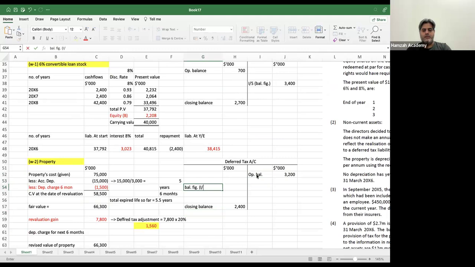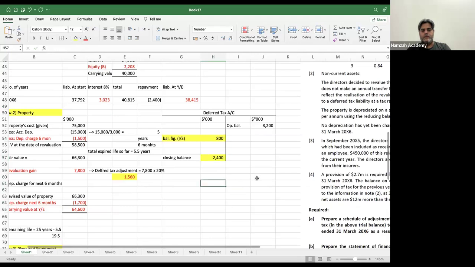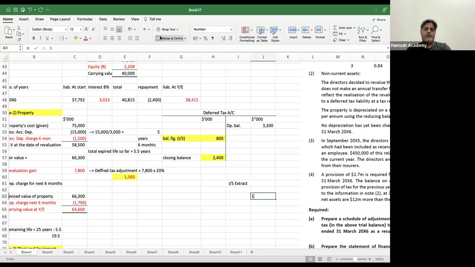The balancing figure for the income statement is going to be on this side. This one, and this one, and then we have this figure and this figure as well. We have the income statement expense.